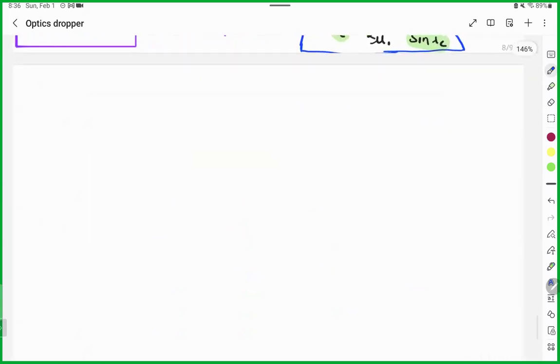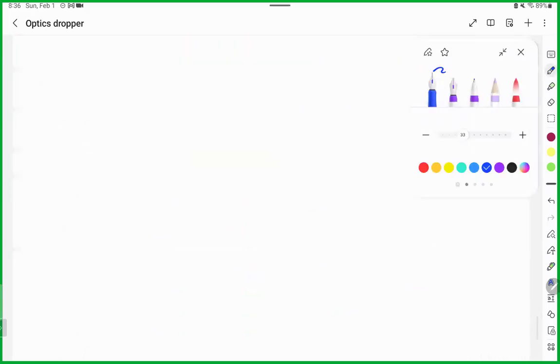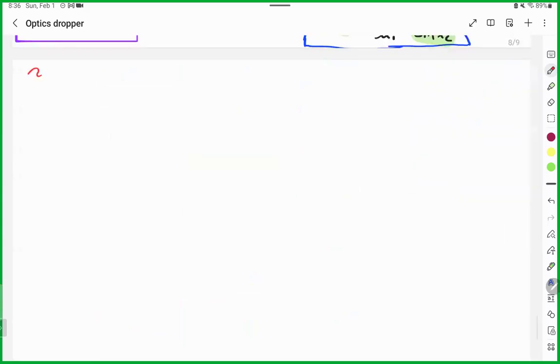If all of you understood, let me write the question and you have to send it in the group. First question: if a ray of light, and you have to send both question as well as answer, I want to see the complete question.